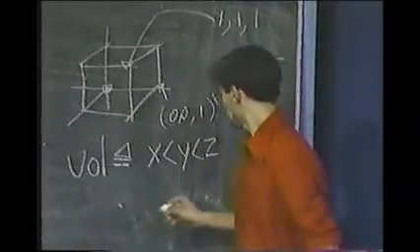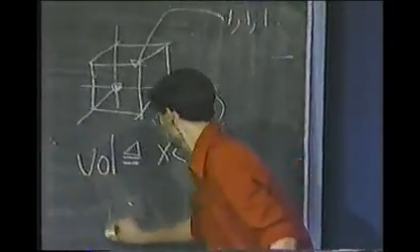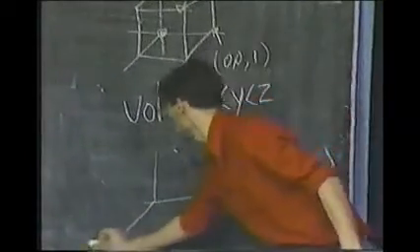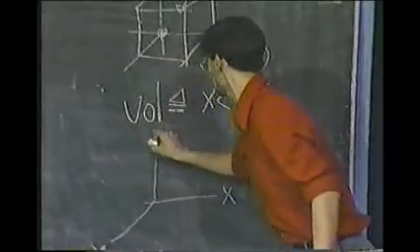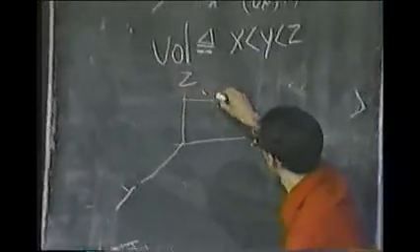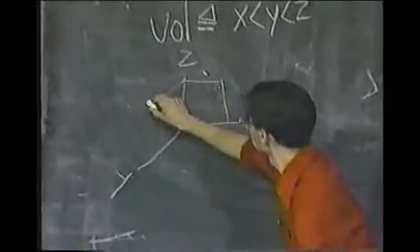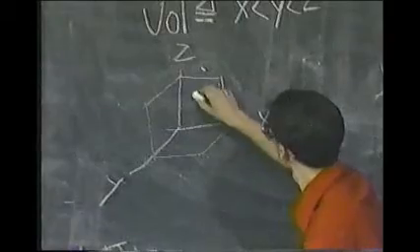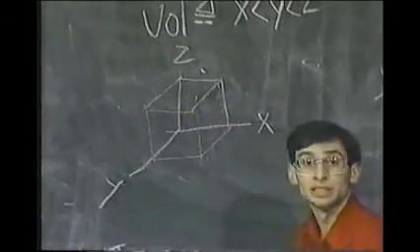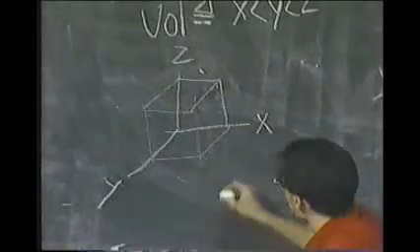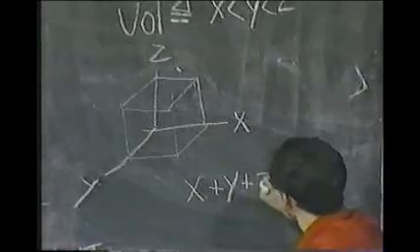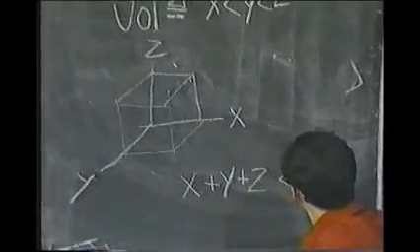If you got 3-dimensional coordinate space, with your x-axis, your y-axis, and your z-axis, and you look at a unit cube centered over here, and you say, let's consider the region defined by the condition x plus y plus z is less than 1.